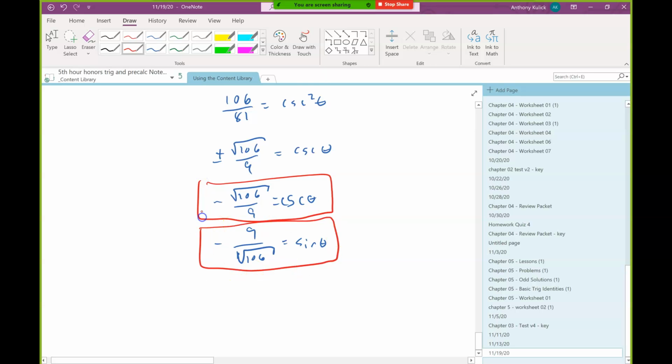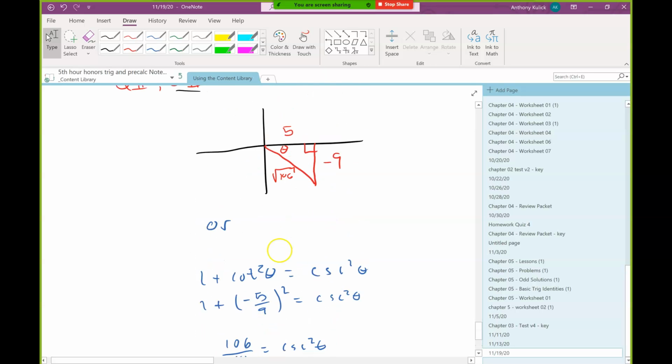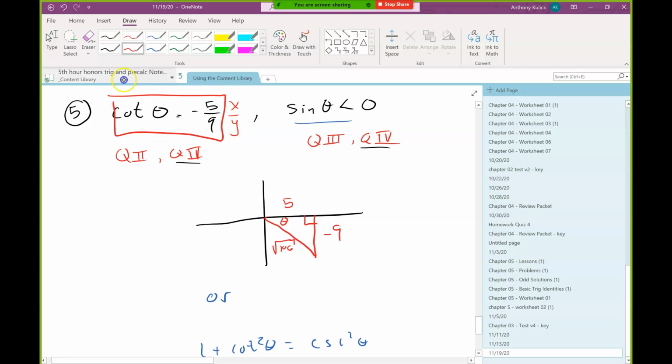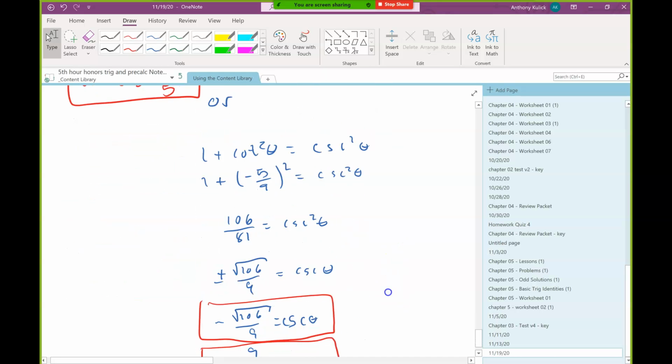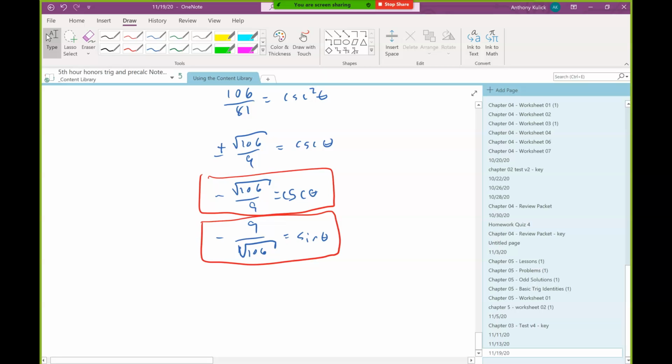And we know cotangent from the beginning. Right away, I guess I could say that tangent is just going to be its reciprocal, so I have that right away. And the last thing I need is the cosine. So I can get that by saying cotangent theta is equal to cosine theta over sine theta.